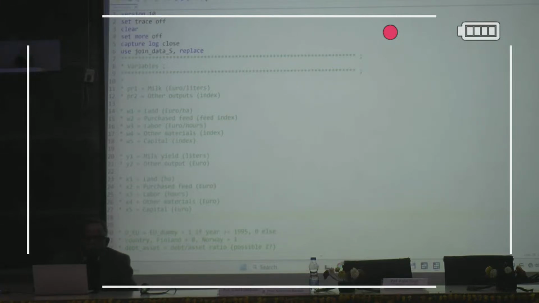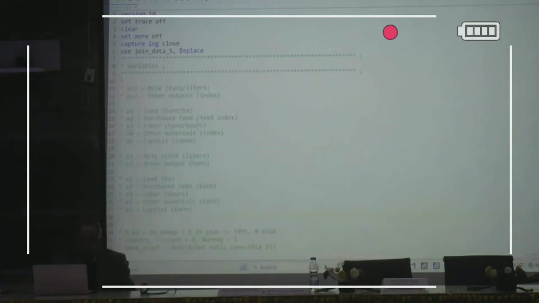If you look at line number 6 here, it's a use command on the data file. That is the data that you can create after getting the Excel file.